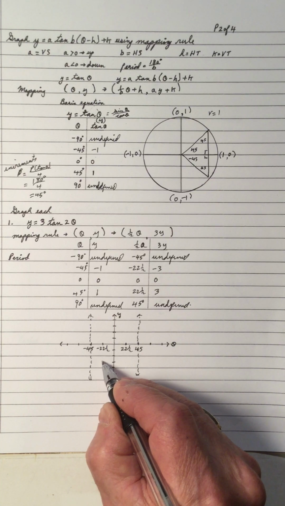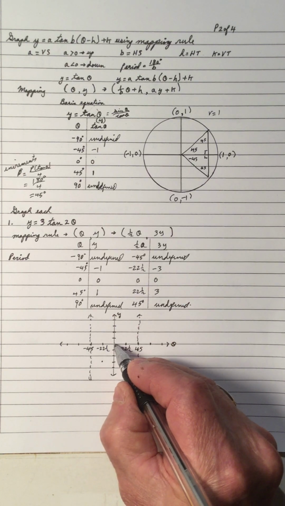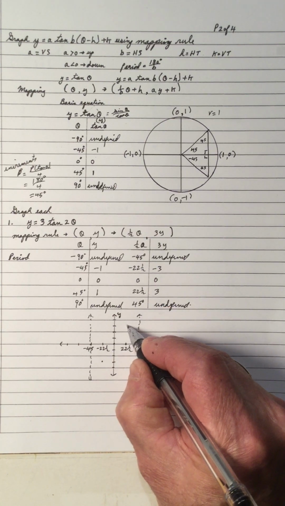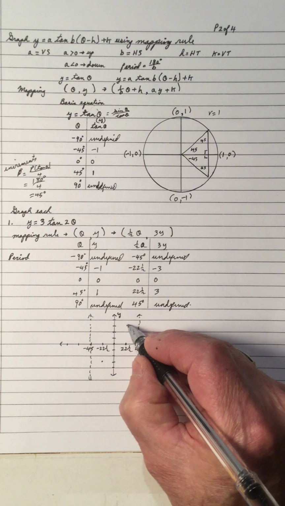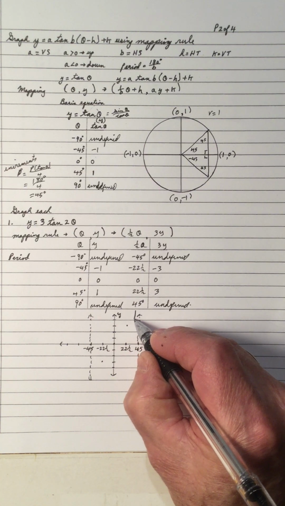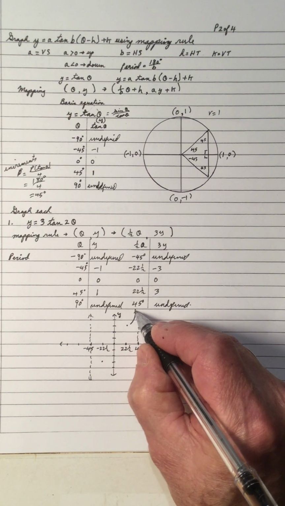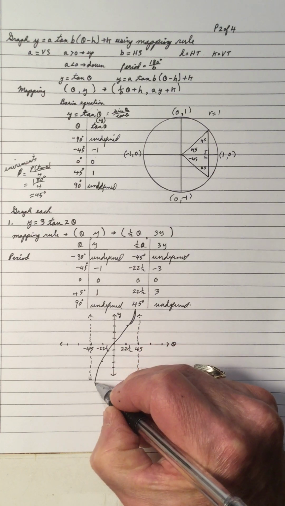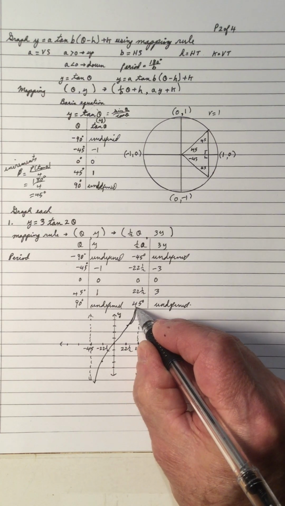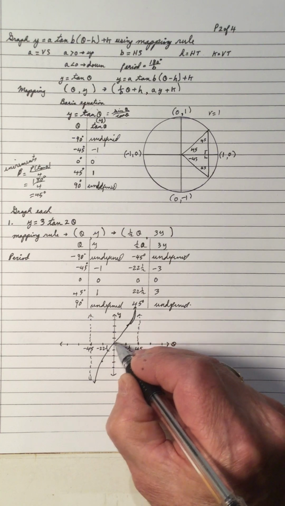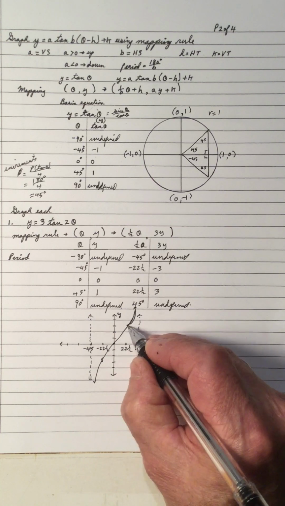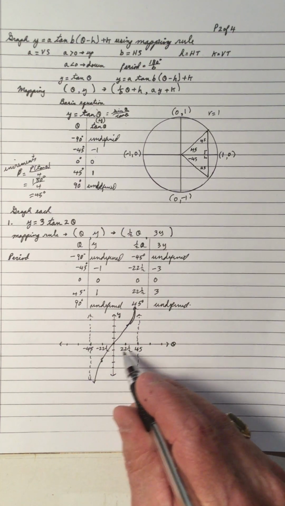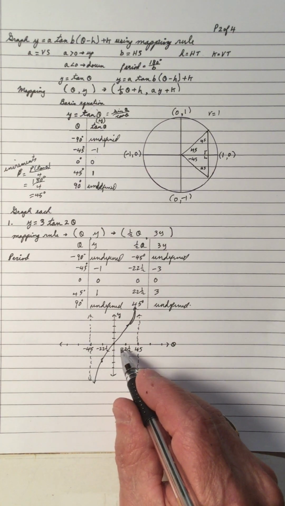So there it is there. At 0, you get a 0, which is right there. And at 22 and a half, you get a 3. There it is there. And because of vertical asymptotes, it goes like this, coming down, loops in. Again, it's just an approximation, and again, this is the 45, negative 45, where it is undefined.